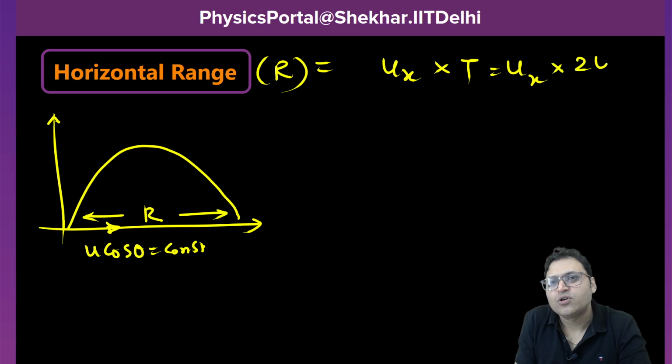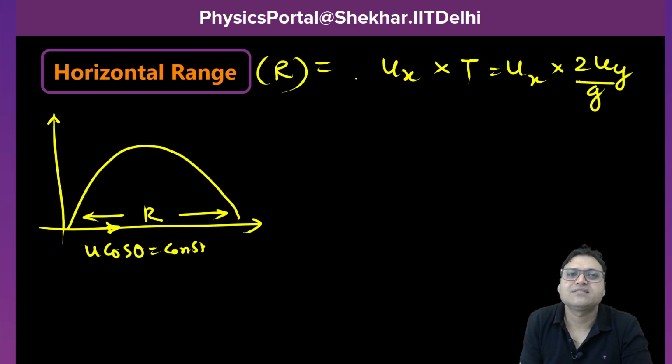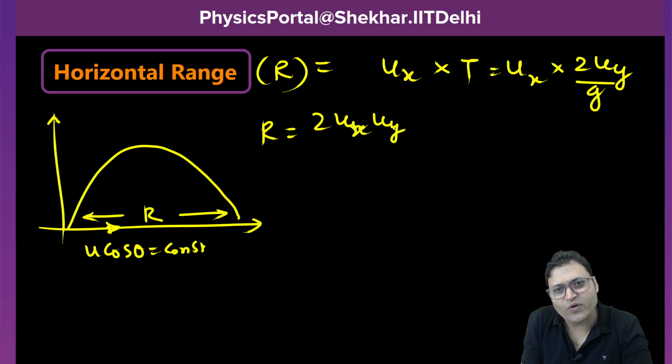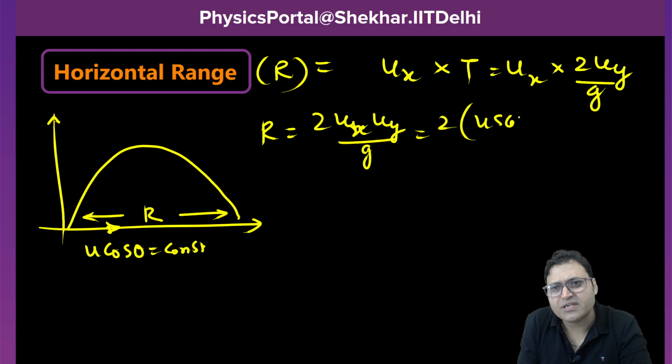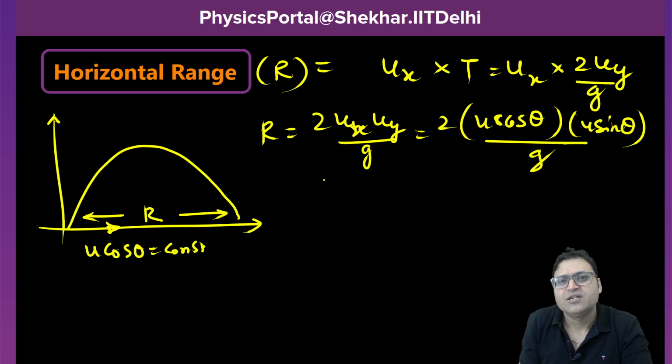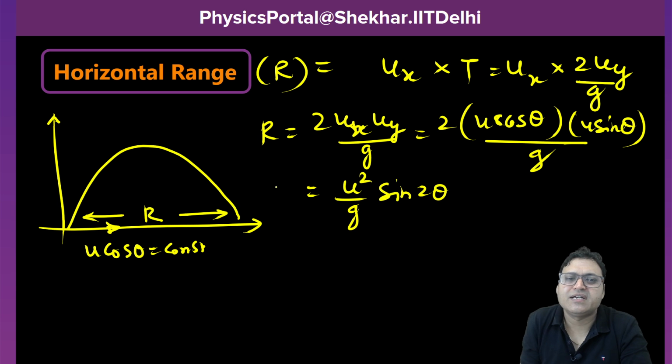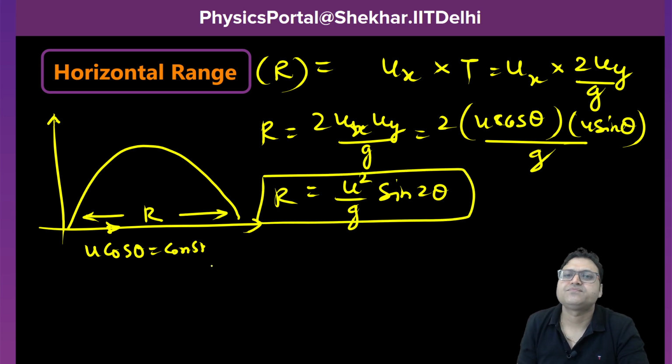So ux into 2uy by g is the horizontal range, or we can write it as 2 ux uy by g. Ux is u cos theta and uy is u sin theta. So it will be 2 u square by g into sin theta cos theta, and 2 sin theta cos theta is sin 2 theta. That is the range.